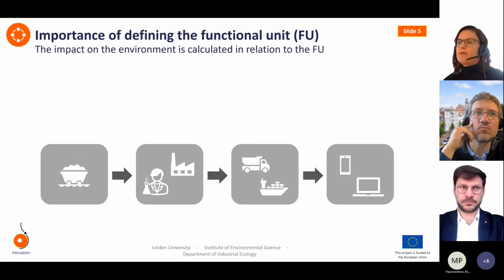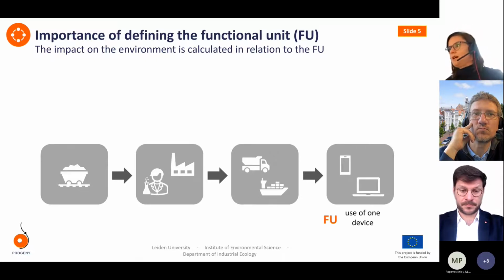Then we dove a little bit deeper into the first phase of the life cycle assessment, the goal and scope definition, where we also defined a functional unit. It's very important because everything is calculated around this functional unit.